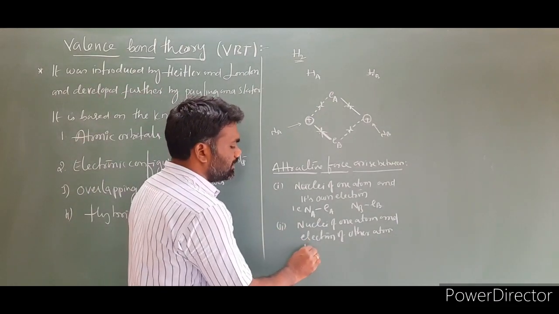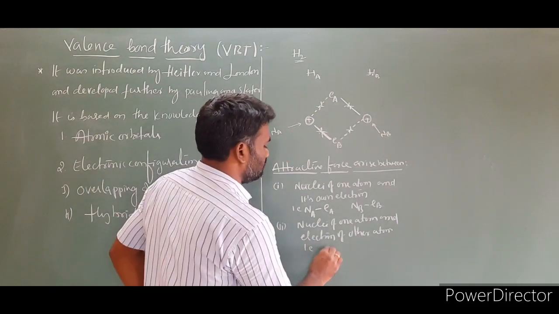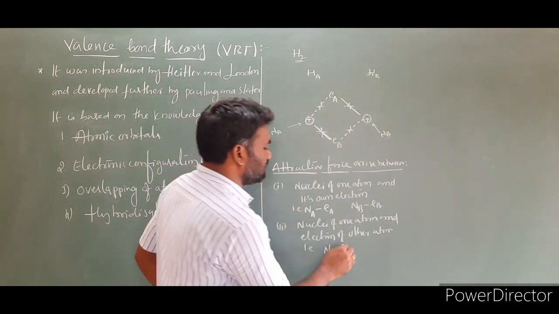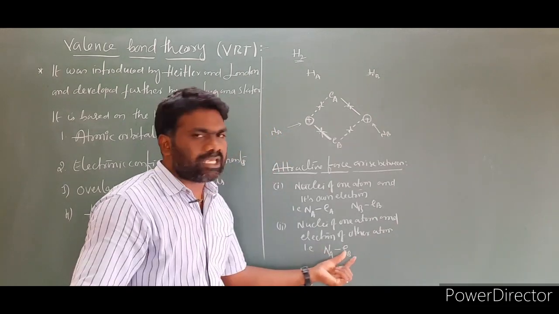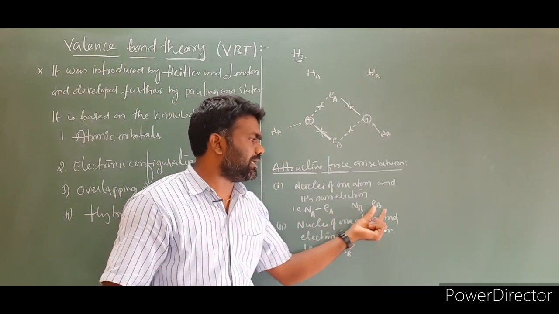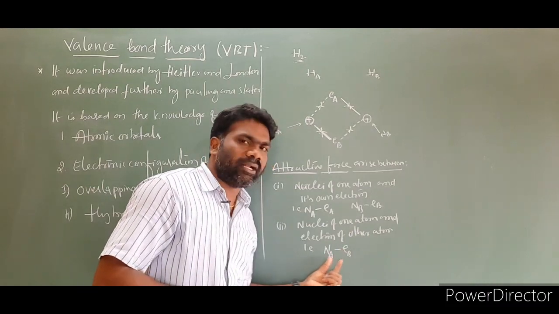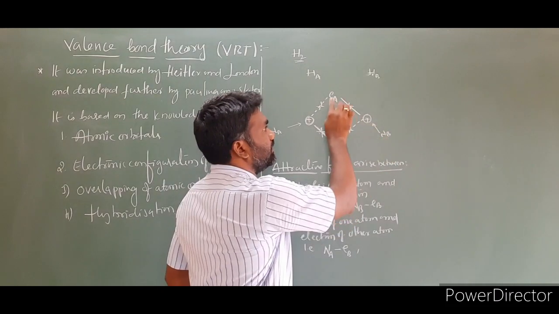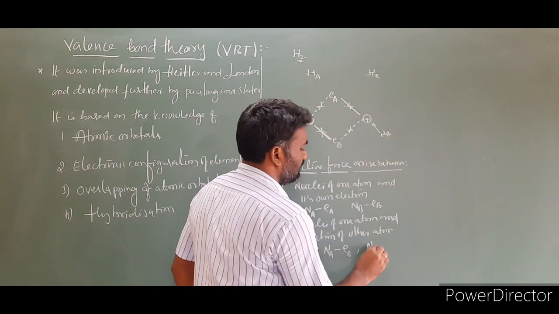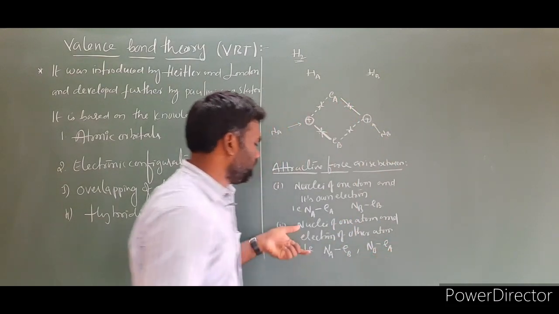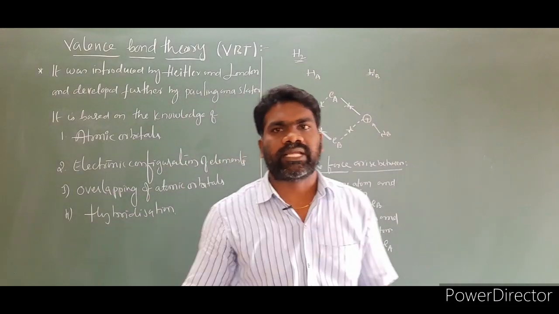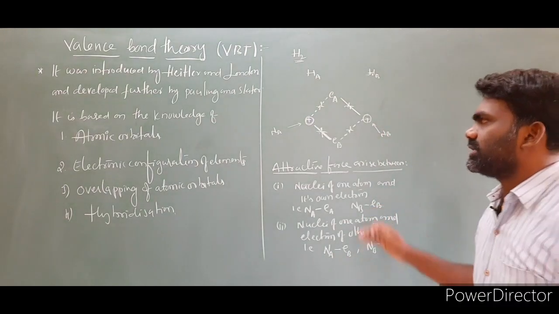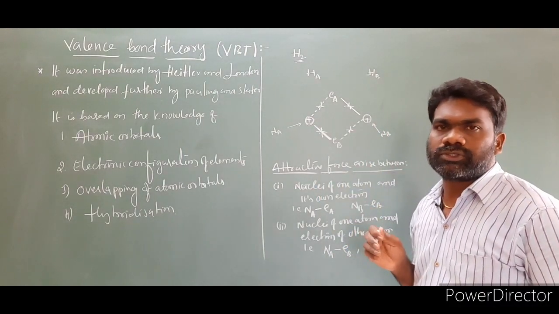Now this means the nucleus of one atom I am labeling as Na, and the electron of the other atom I am labeling as Eb. Here it is Na Ea, Nb Eb, but here it is opposite, Na and Eb. The second attractive force, then, is Nb and Ea. So these two are the new attractive forces that arise when two atoms approach each other.